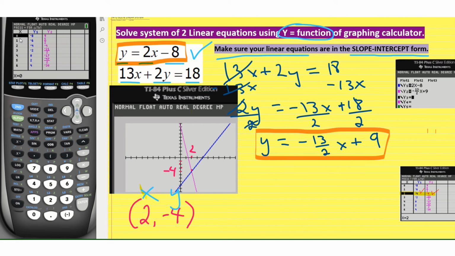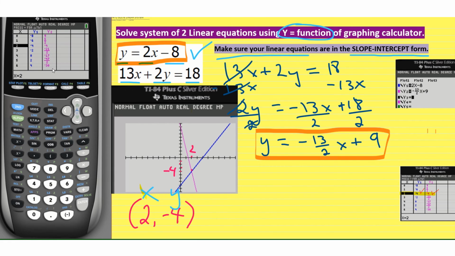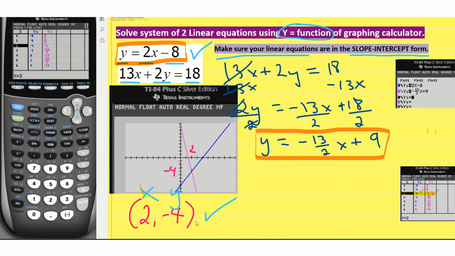So I'm looking on my calculator at the column of x values, and I'm going to look for the 2. At the point that x is equal to 2, I'm going to look at what my y values are. Both of my lines have a y value of -4, and that's exactly what I thought I was seeing. So that really confirms that that is my answer.